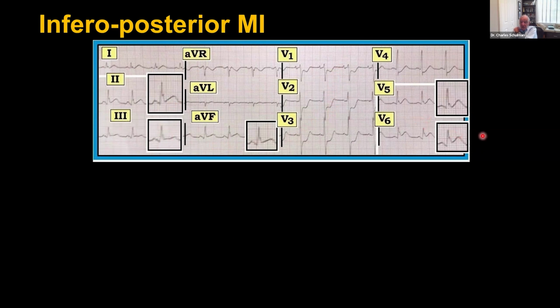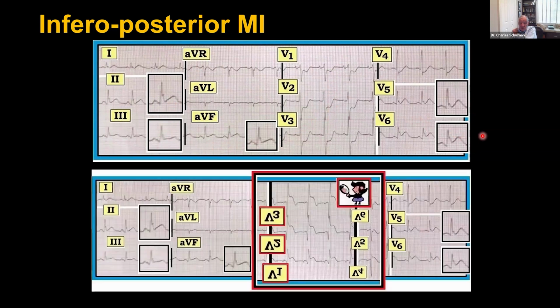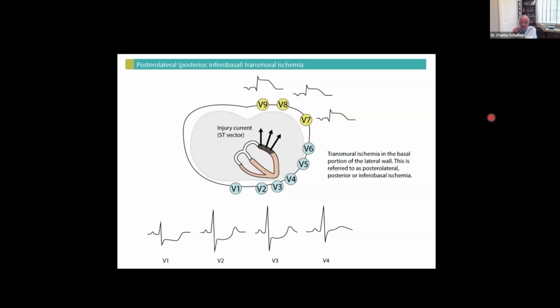Okay, and what that really represents can be seen if you took a mirror and put it up here, and what you'd see is ST elevation on the right side, and this shows where the vectors are going.